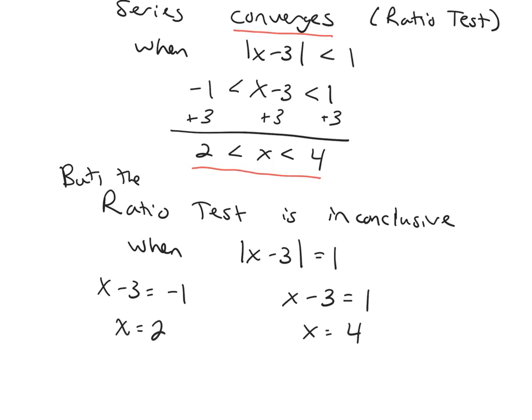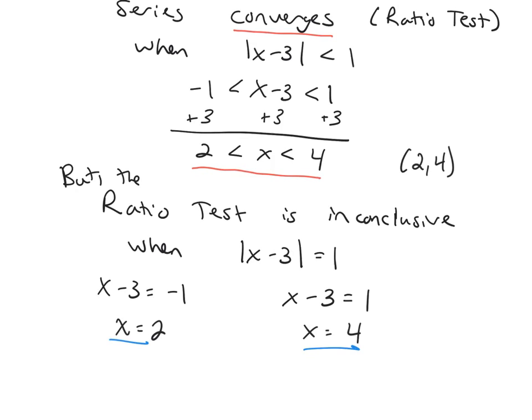It corresponds to the two endpoints of this interval you've got up here. So you've got to check each one of these two values. I got to check x equals 2 and x equals 4 and see if it converges or diverges.